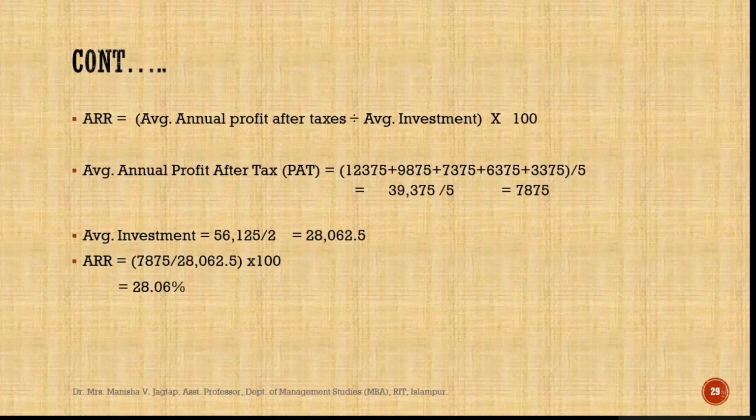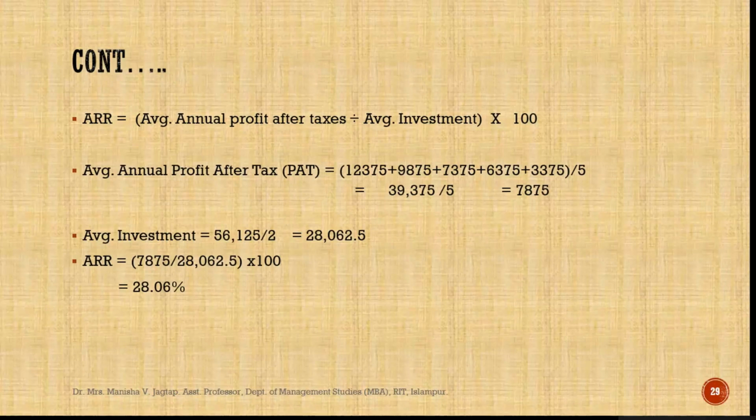Now here the company is expecting suggestions from you people that which machine they should acquire, and now you have applied both the techniques, that is payback and ARR, for both the proposals or projects, machines A and machine B. Payback period of machine A is more than the machine B. ARR for both the machines is same, that is 28.06%.